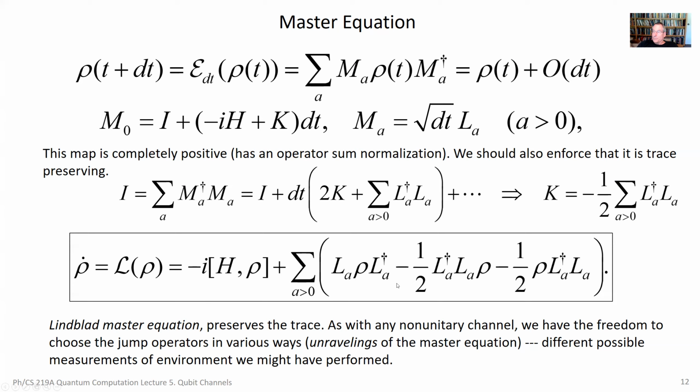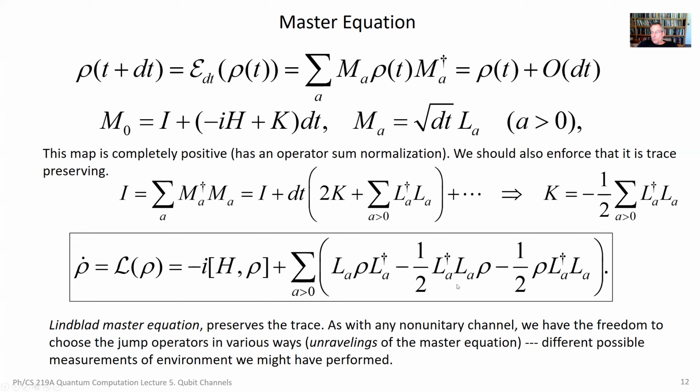So the probability of the jump corresponding to L1, for example, would be the trace of rho times LA adjoint LA. That would be the probability of a jump of type A, for each A, for the L1 jump, the L2 jump, and so on. So this describes, with the appropriately scaled probability, what happens when a jump occurs.